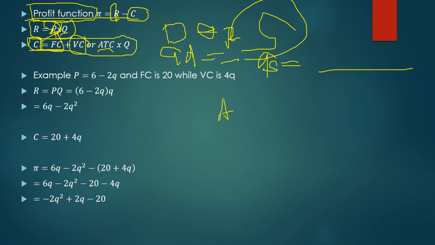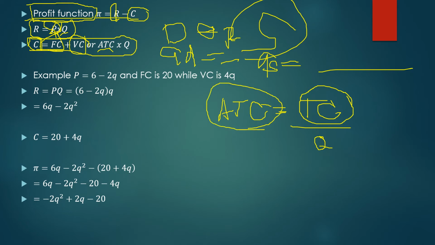Average total cost is simply total cost divided by the quantity. Ibig sabihin, ilan out of the total na ginastos natin sa isang product, ilan ang ginastos natin sa isang product. Ito yung ATC. Okay? Ganun po siya.